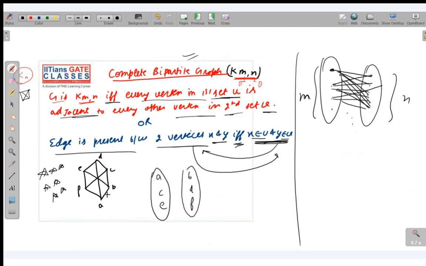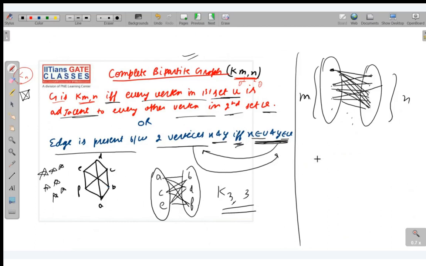A is connected to B, D, and F. C is connected to again B, D, F. You can check it out. E is connected to again B, D, F. Yes. So what is this? K33, the complete bipartite graph 3,3. Are you getting it? Yes, sir.